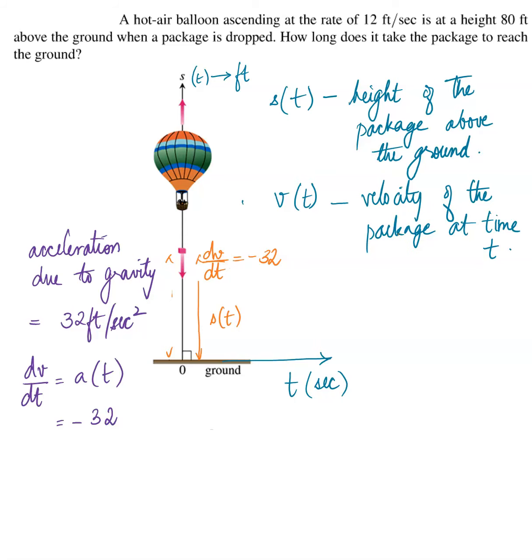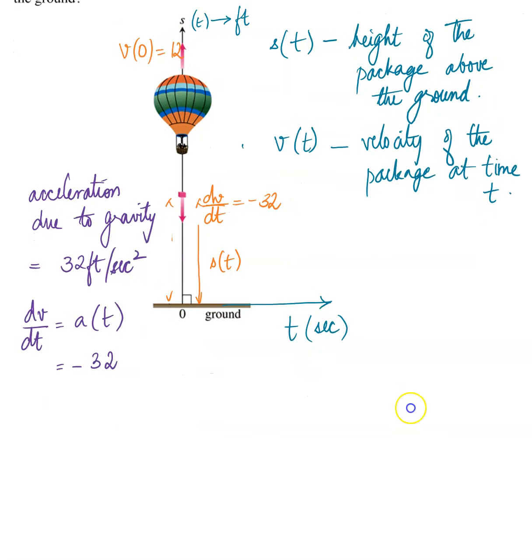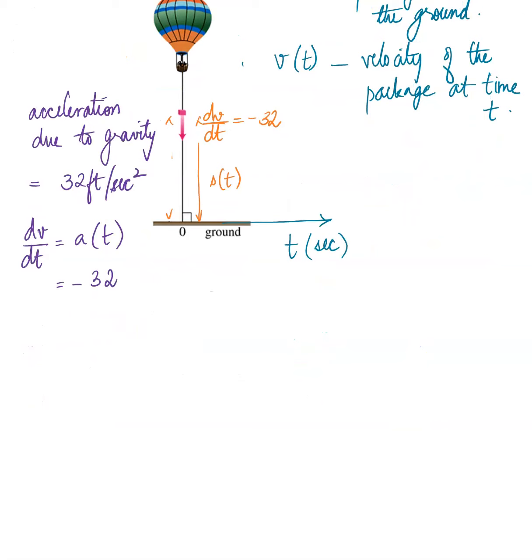And so at the time when the package is dropped, that will be 0, right? So then v of t in this case will be v of 0, and v of 0 is given to be 12. So we have all these details we can collect. And so I want to come down here and put together all that I have.